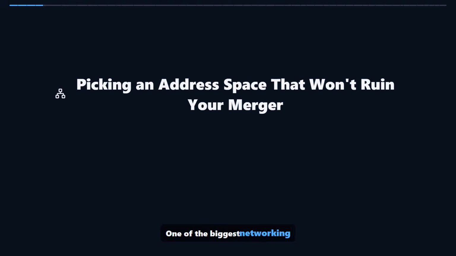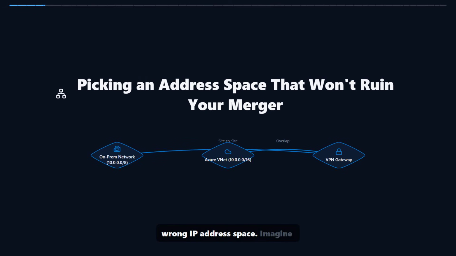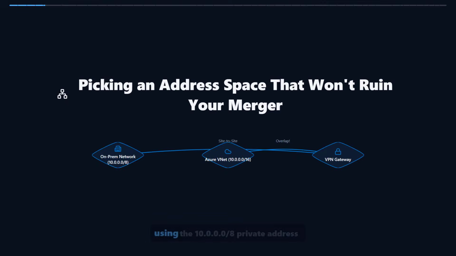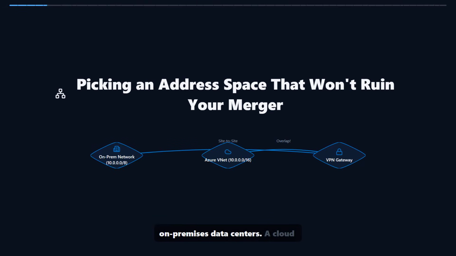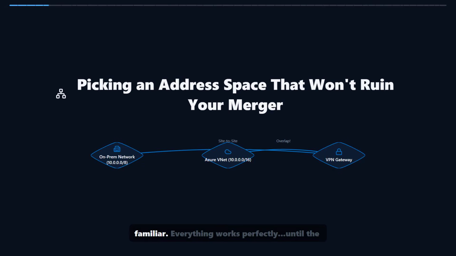One of the biggest networking mistakes happens before a single virtual machine is created: choosing the wrong IP address space. Imagine a company that has been using the 10.0.0.0/8 private address range for years in its on-premises data centers. A cloud administrator creates an Azure VNet using 10.0.0.0/16 because it looks familiar.